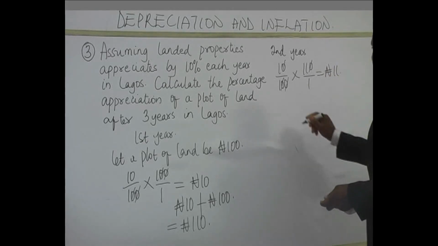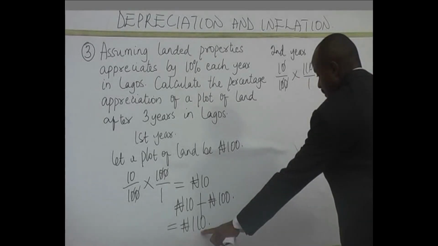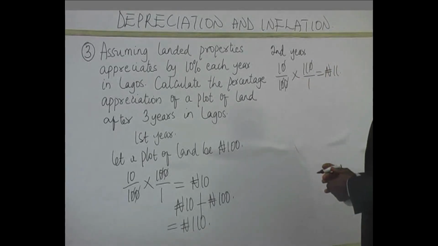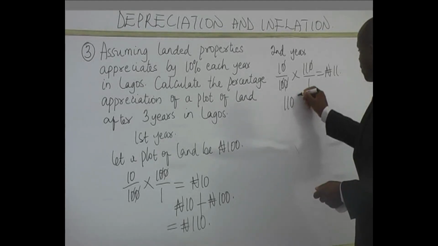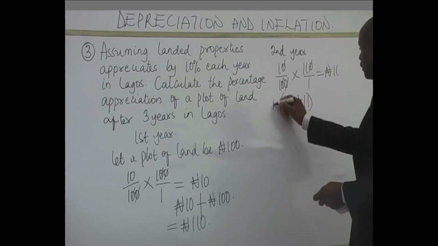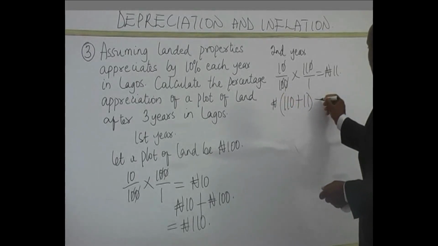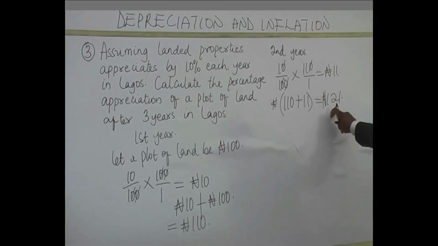So this 11 naira, you have to add it to the value of the land after 1 year. That means we're going to have 110 plus 11. And 110 plus 11 is 121 naira. This is the value of a plot of land now in Lagos after the second year.